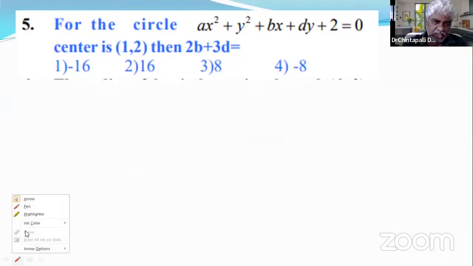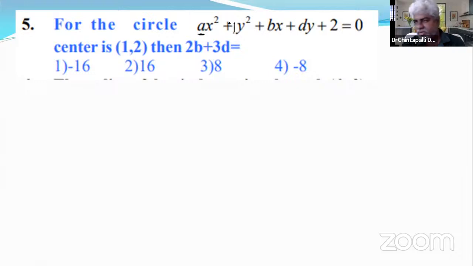Here the x square coefficient is small a and the y square coefficient is 1. To become a circle equation, what is the main condition? The x square coefficient must be equal to the y square coefficient.